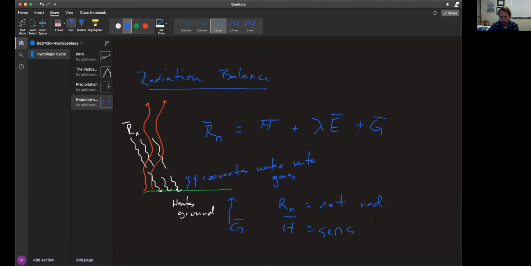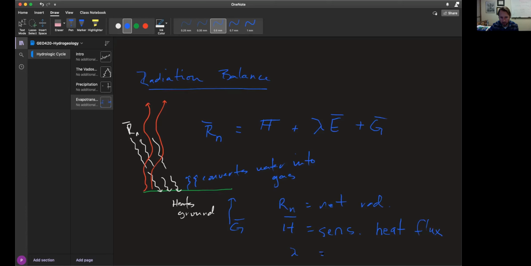Essentially, the heating of the air into temperature that you can measure. Lambda is the latent heat.